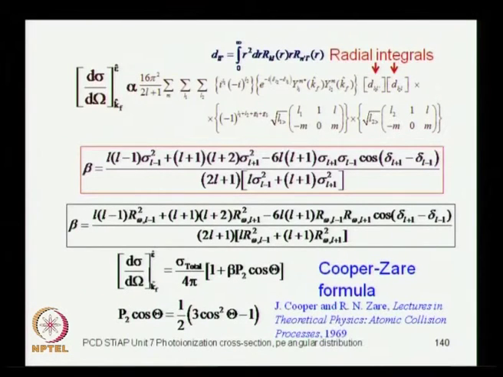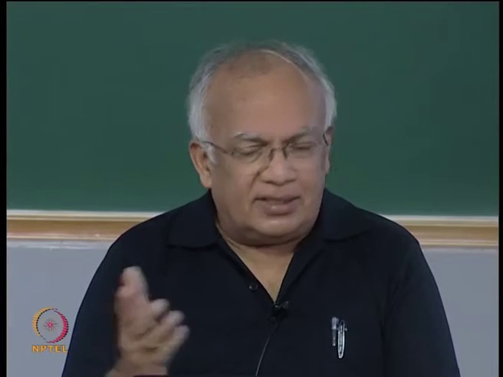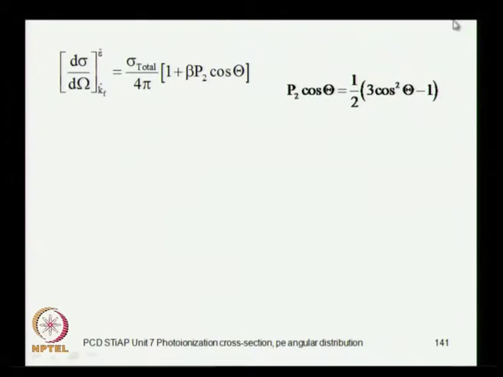So this is the Cooper-Zare formula, and I have uploaded the Cooper-Zare paper at our course web page, so you can go through the details in this paper. And this is now a summary of what we have got.